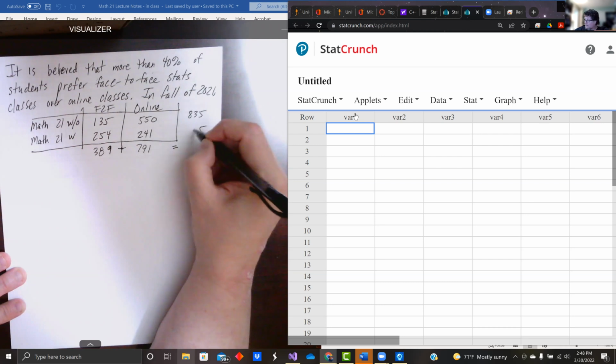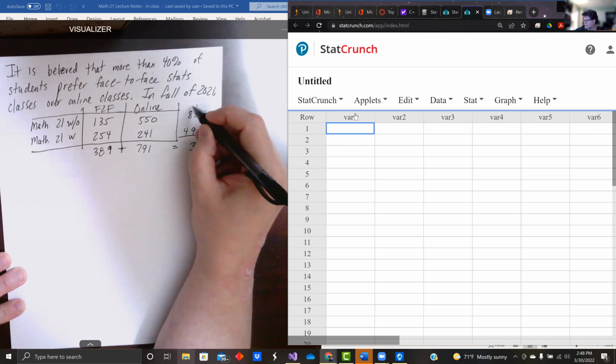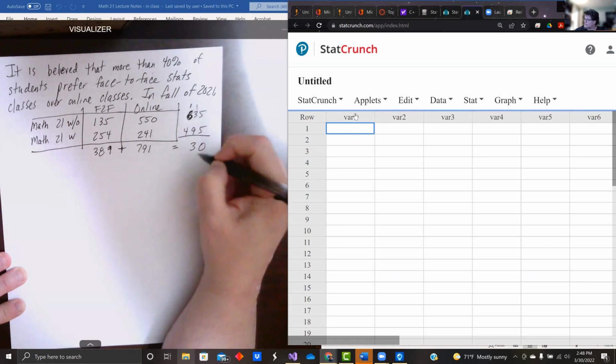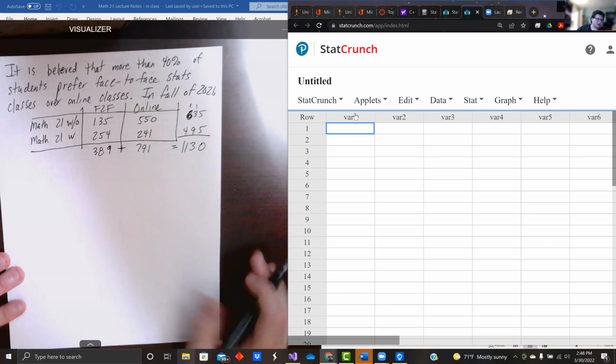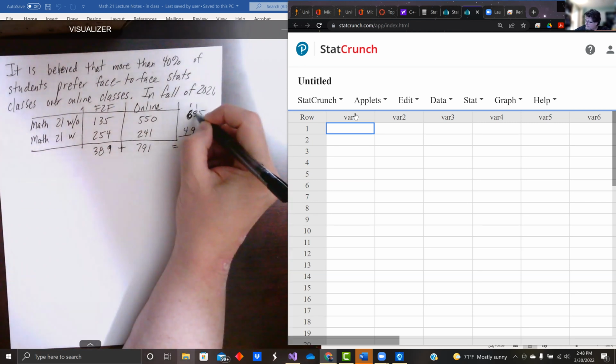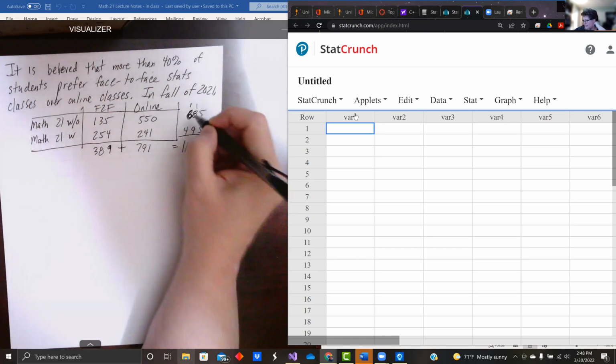This is 594, and I can add vertically. That's not 8, that's a 6. And that's 685, so that's 1180. Look at me screwing up the math. Can't count.